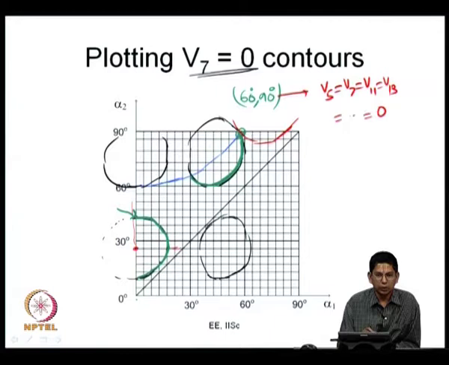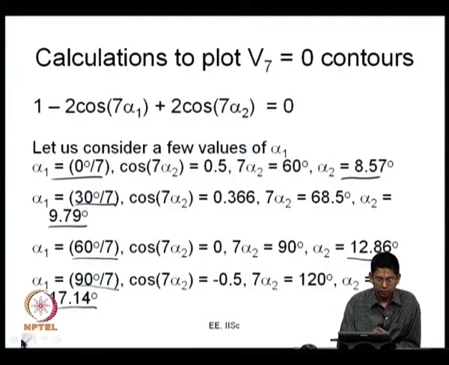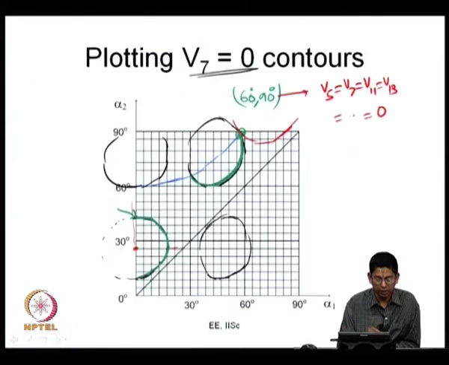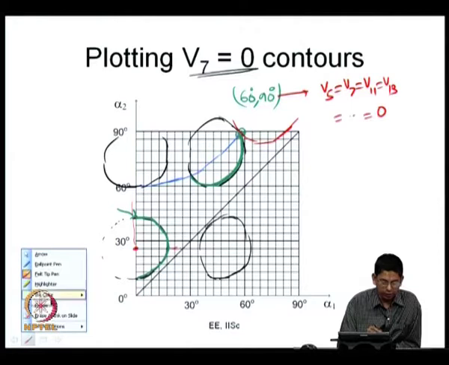It is for alpha 1 equal to 0 and the corresponding value of alpha 2 that we got, that is, alpha 1 equal to 0, 7 alpha 2 equal to 60, or 7 alpha 2 can be 300 degrees. So, alpha 2 is 300 by 7. If you take this point, the fundamental voltage is low, and let me use an arrow here.